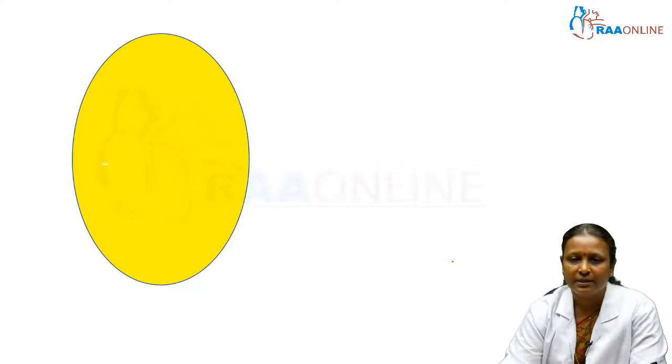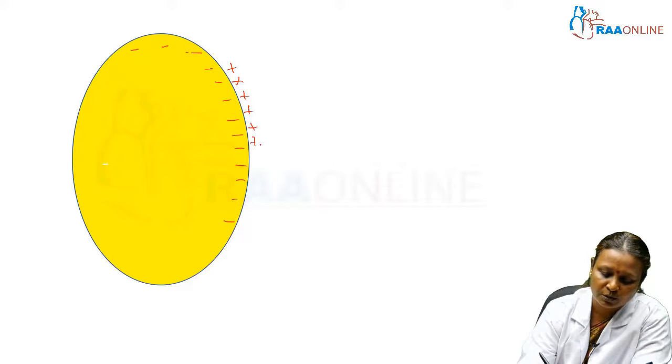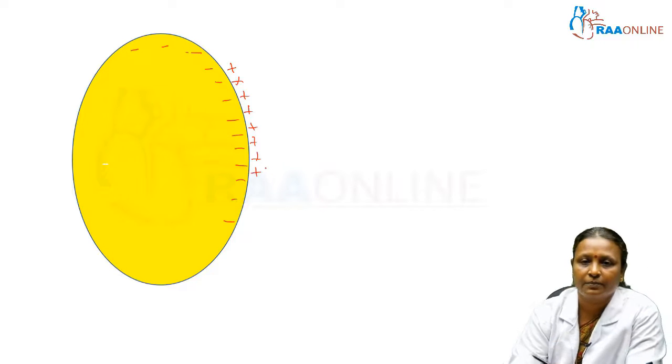So, you have a cell. Normally, the interior of the cell has more negative charges. On the external surface, you have more positive charges.